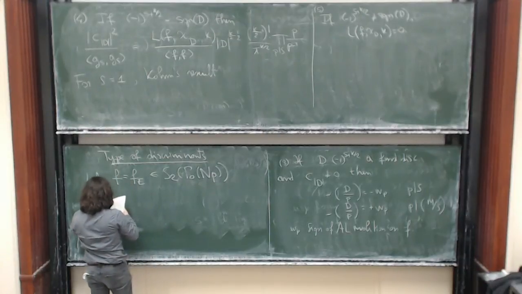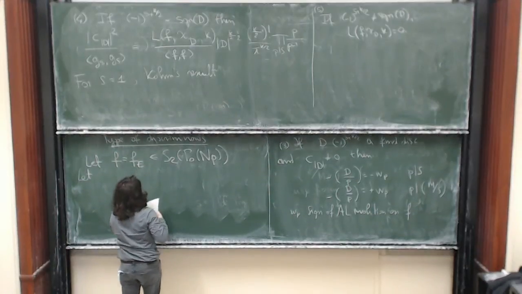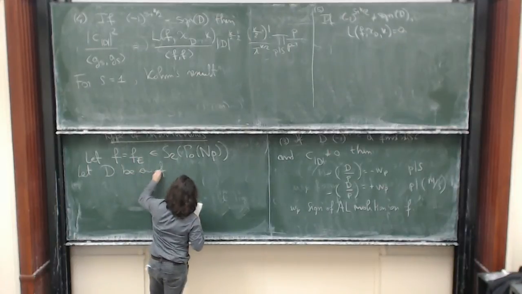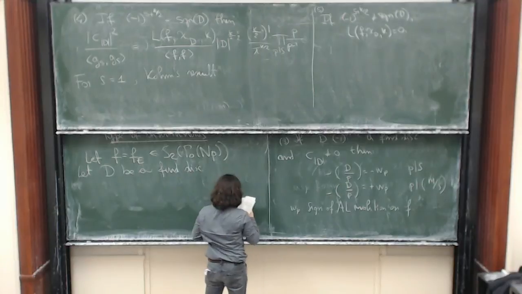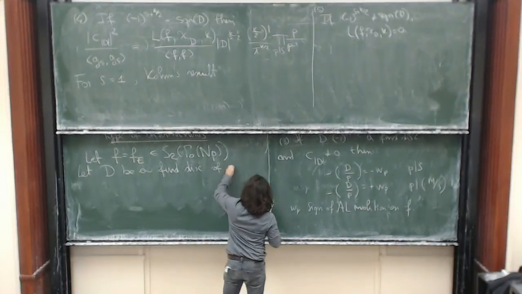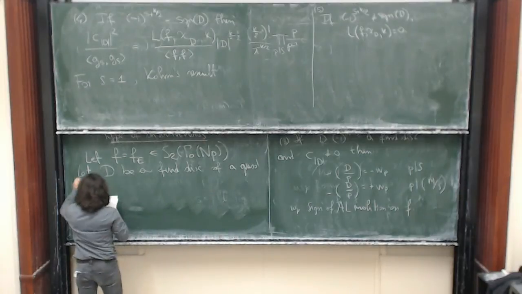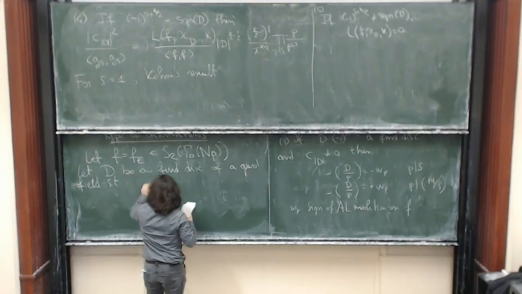And so let D be a fundamental discriminant of a quadratic field, such that the following conditions are true.